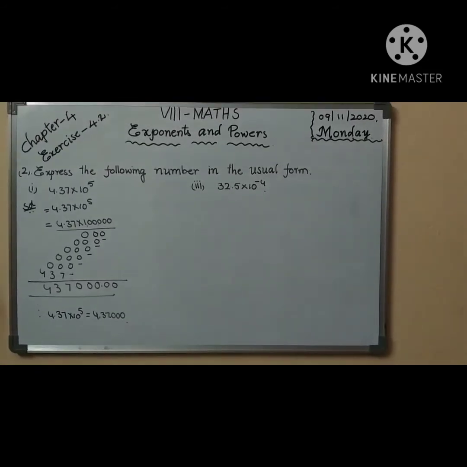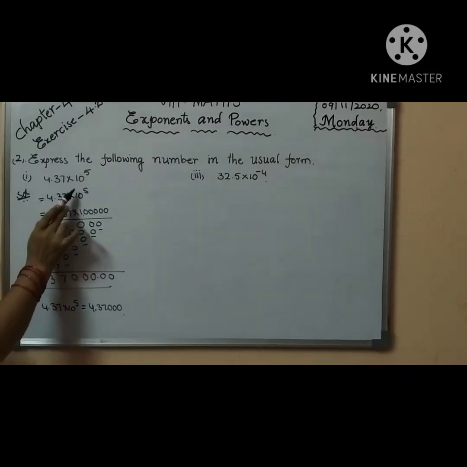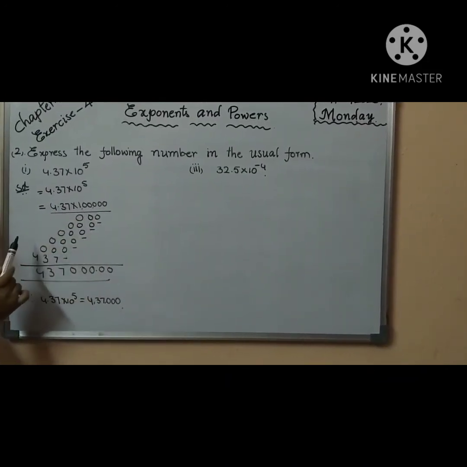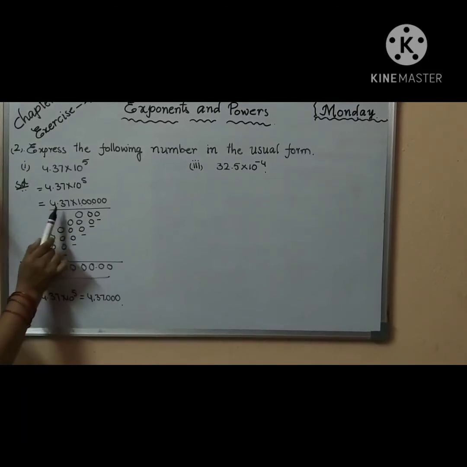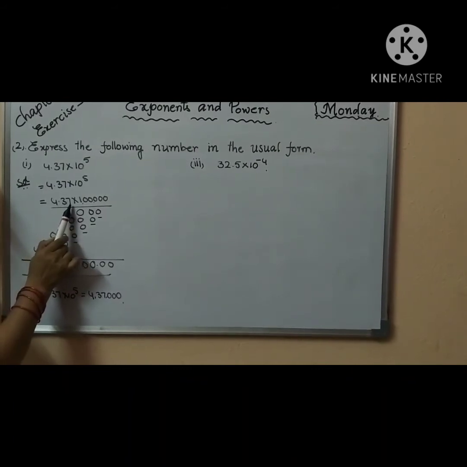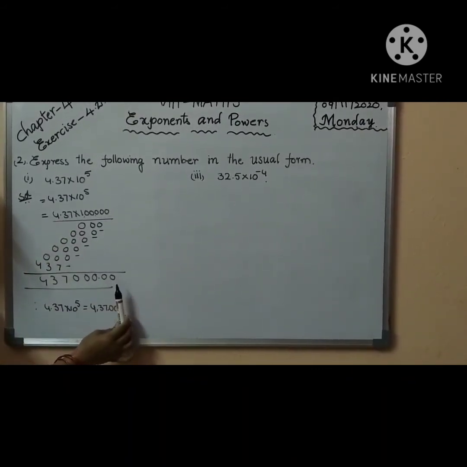Okay children, did you understand? 4.37 into 10 power 5. Because here how many tens are there? 5 tens. So 1 after 5 zeros. We have to take the 1 after 5 zeros and multiply the number. After completing, after the point how many digits are there? 2 digits. So we should keep the point counting 2 digits from the left side onwards.